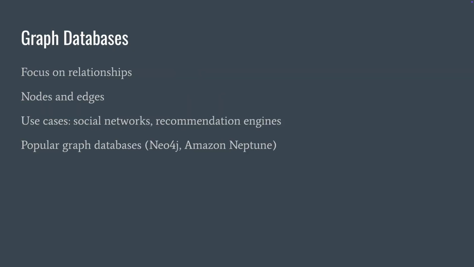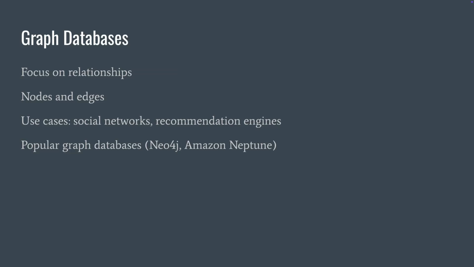Moving on to graph databases. Graph databases are specialized in modeling and traversing relationships. So instead of the row and column model, data is stored in nodes, and nodes representing entities, and edges representing relationships between entities.